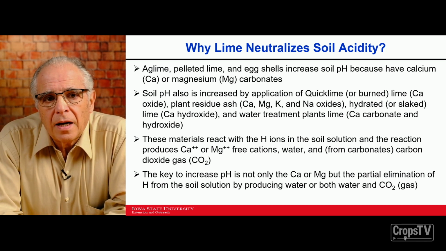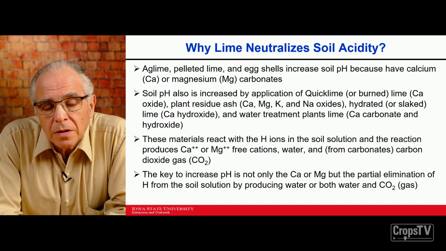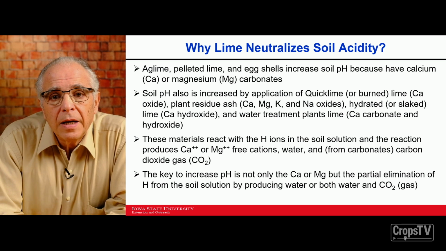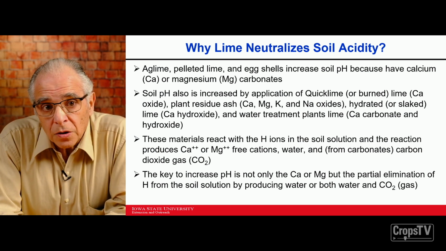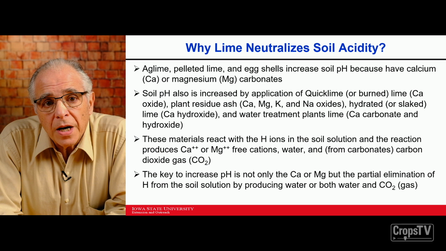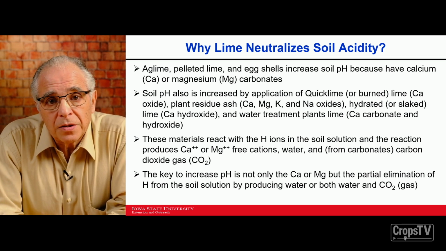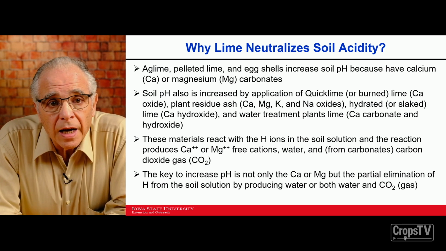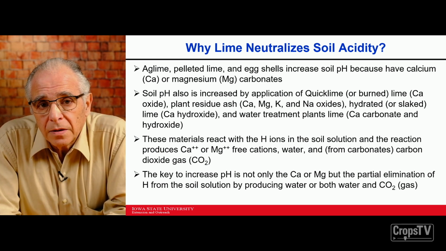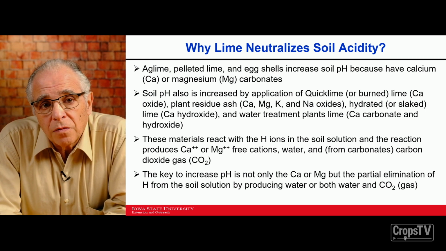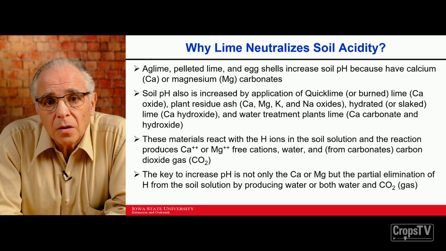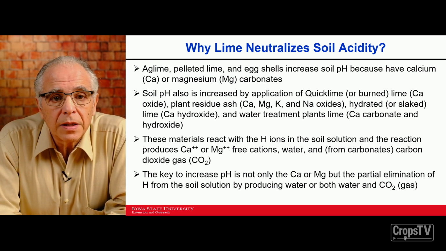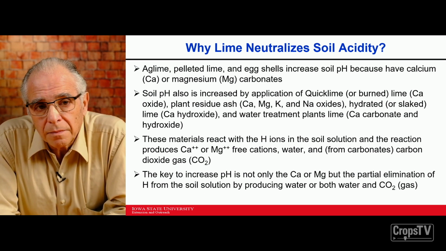Soil pH is also increased by application of quicklime, also called burnt lime, which is calcium oxide; plant residue ash, which has not just calcium or magnesium oxide but also potassium and sodium oxides; hydrated lime, which is calcium hydroxide; and the lime residue from water treatment plants, which has calcium or some magnesium carbonate and also hydroxides.